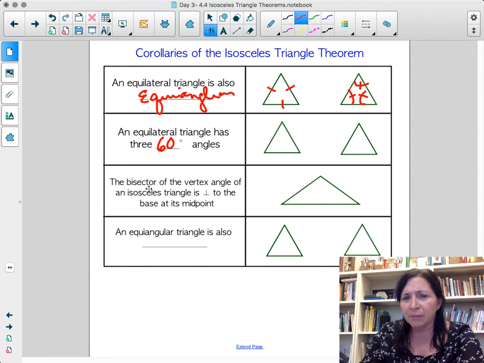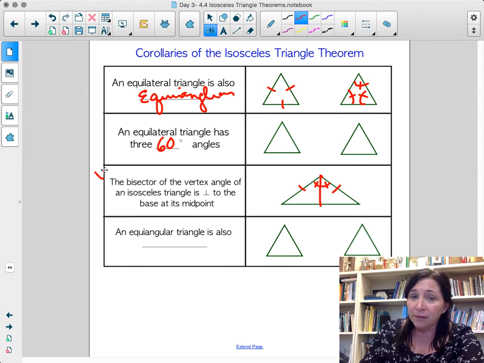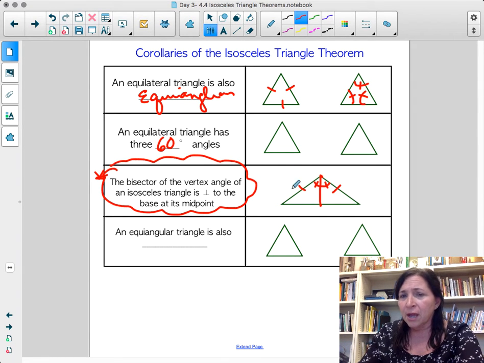In addition, the bisector of the vertex angle, so remember the vertex angle is in between two congruent sides. If I bisect that angle, that means I'm cutting it in half. Very, very important. This is, I think, huge right here.